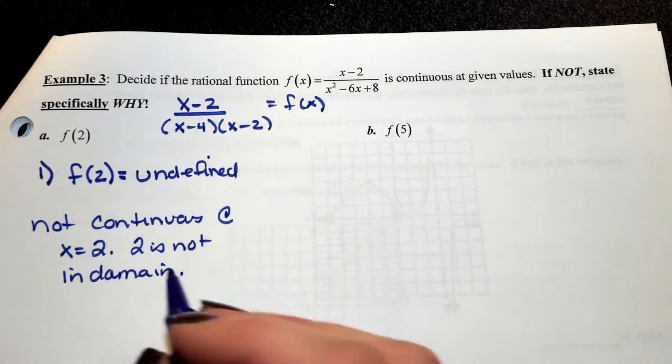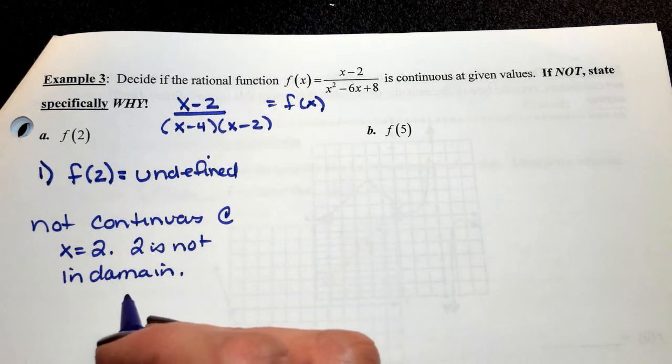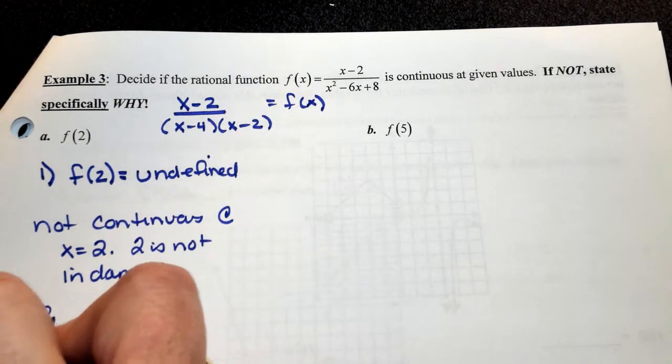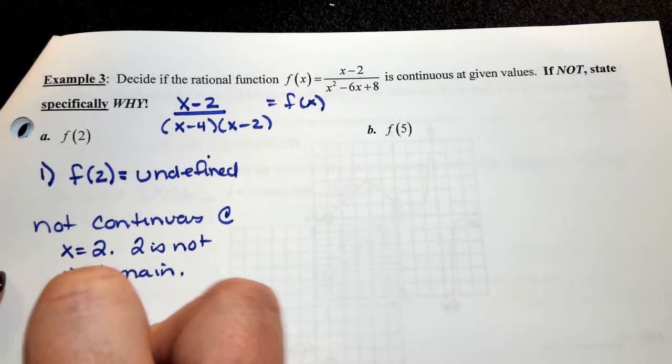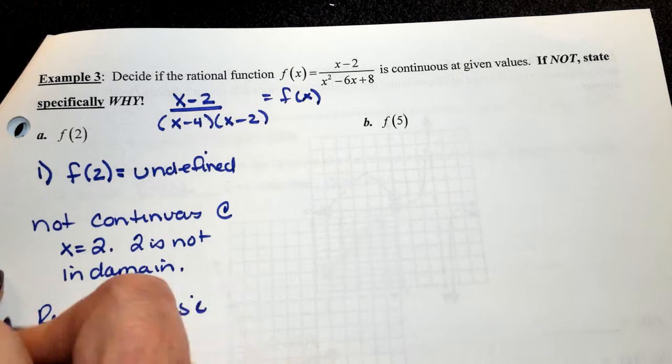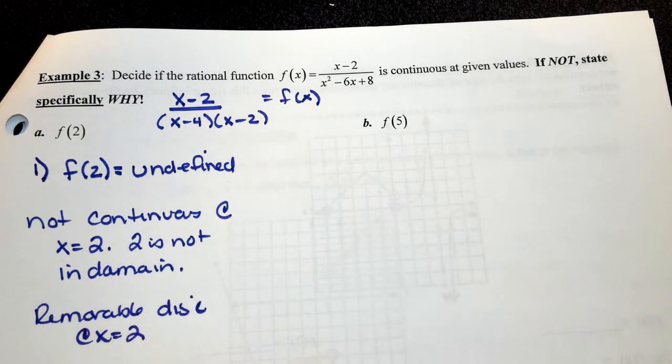So now the question is, what kind of discontinuity is happening at x equals 2? Do you have removable, non-removable? What kind of discontinuity is at 2? It's removable. Okay? You guys go ahead and do B for me. Again, check all three conditions.